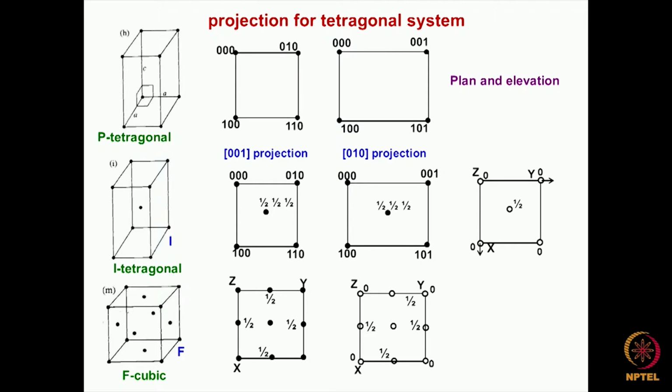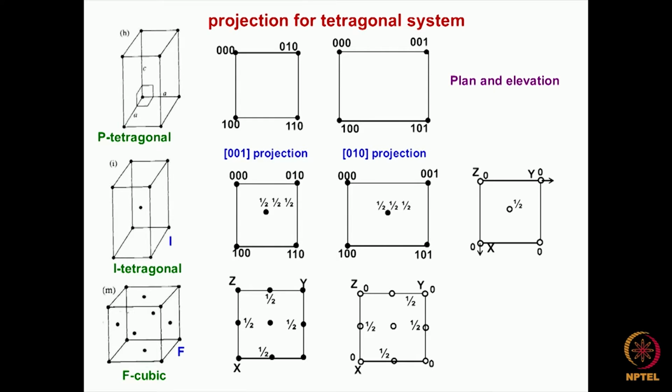Here the only way it can be done is like what we do in engineering drawing: if any three-dimensional structure has to be represented, we take a plan and an elevation. Like if you take a monoclinic or an orthorhombic structure, a plan and an elevation, and put projections of all the symmetry elements present at different positions, it can be represented. Okay. That is what essentially is being shown.